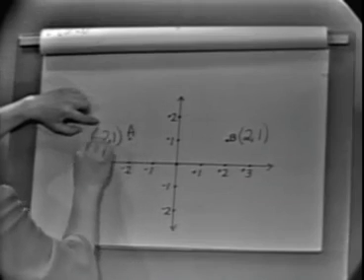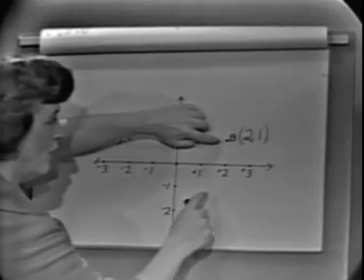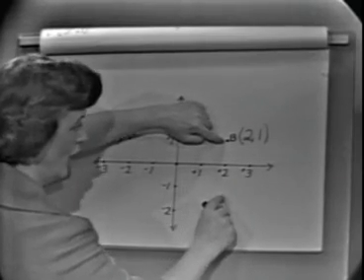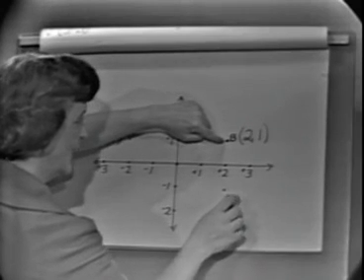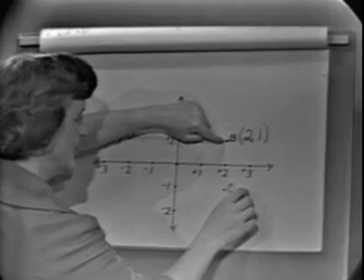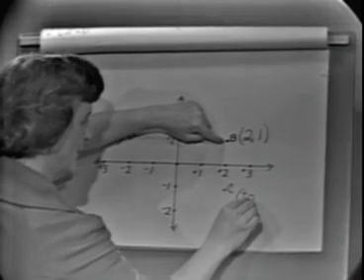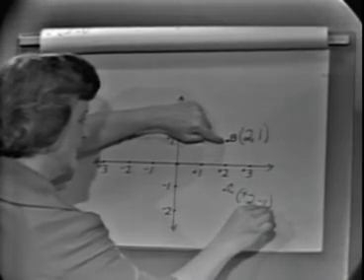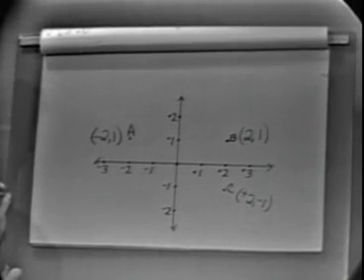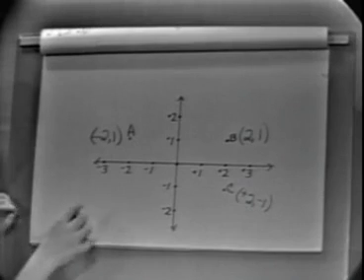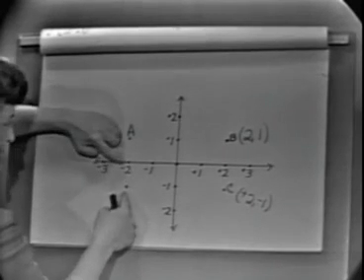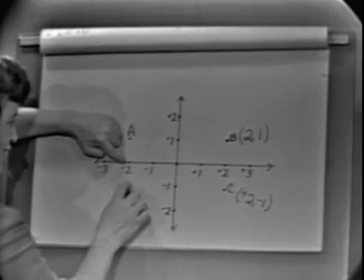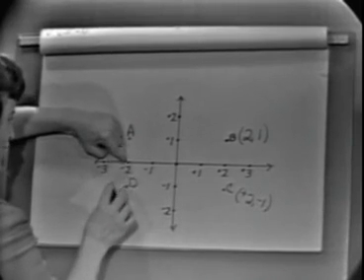Let's find now a point symmetric to B with respect to the horizontal axis. We'll name it C. Its coordinates, a positive 2, a negative 1. Where is the point whose coordinates are negative 2, negative 1? We can locate it here on a vertical through a negative 2, a horizontal through a negative 1. Let's call it D.